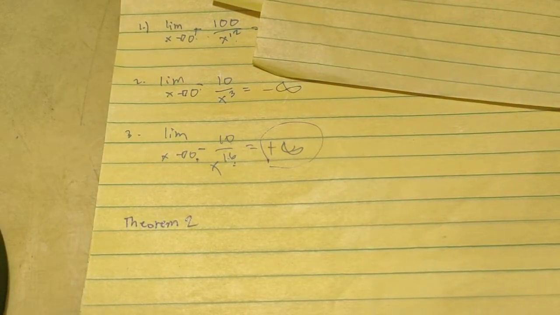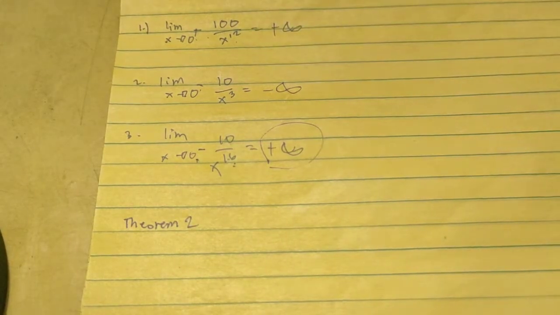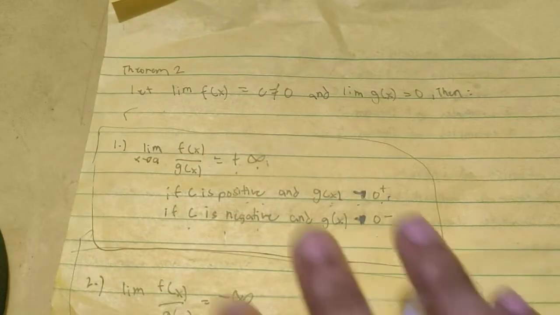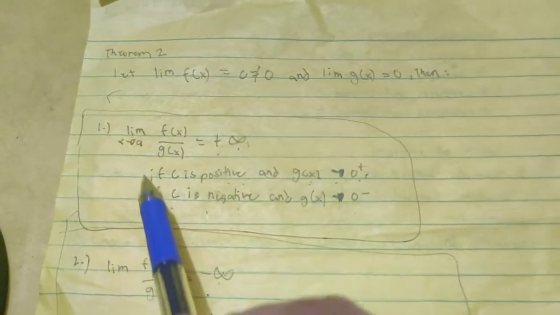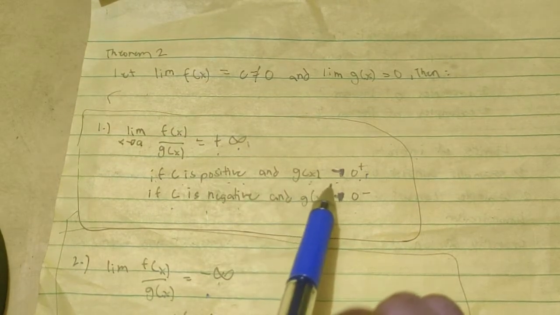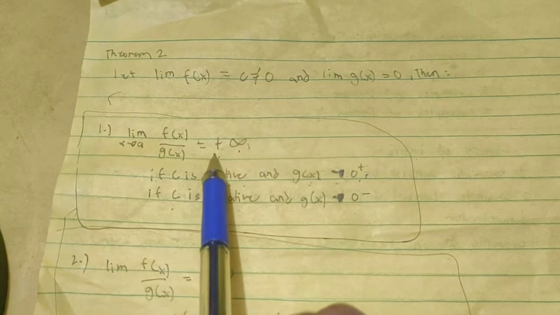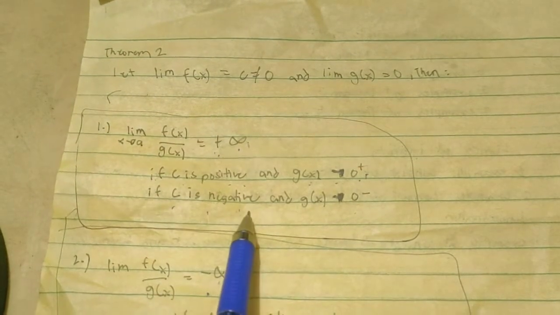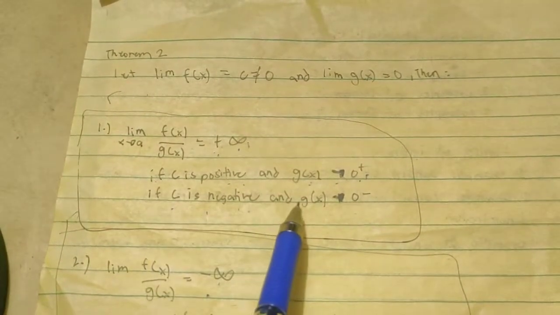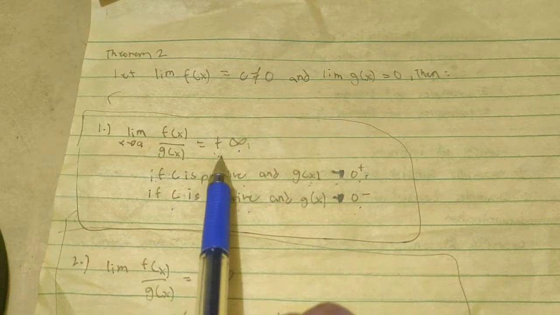In theorem number 2, if the constant is positive and the g of x approaches to the right, then our answer should be positive infinity. If the constant is negative instead of positive and the g of x approaches to the left, then it should be positive infinity.